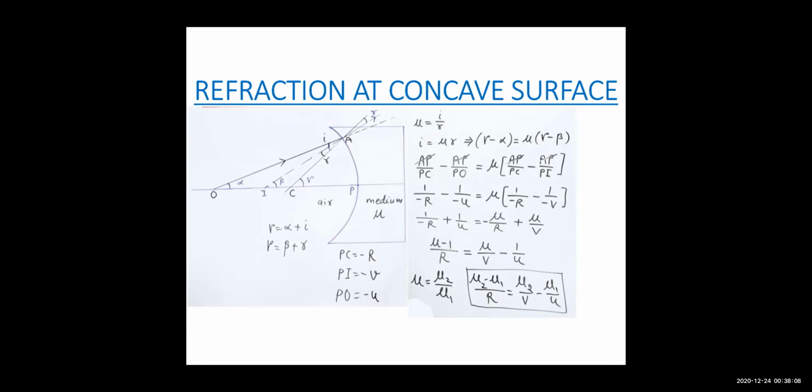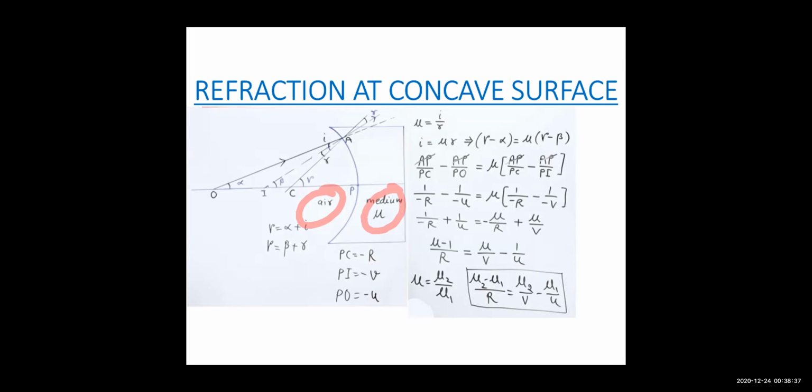Now what happens over here is P is the pole and C is the center of curvature. Right children, the distance from P to C is the radius of curvature, and as it is on the left hand side, we will denote it by minus R. Now, here again the medium on the left hand side, medium 1 is air and medium of the concave surface is having the refractive index mu.